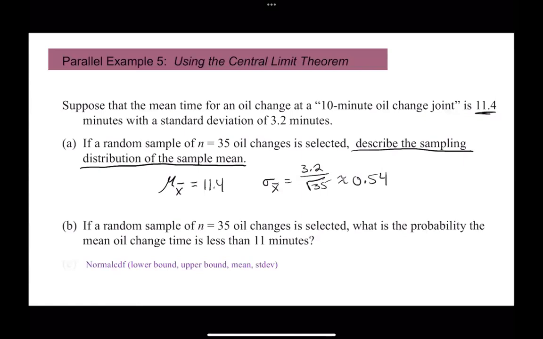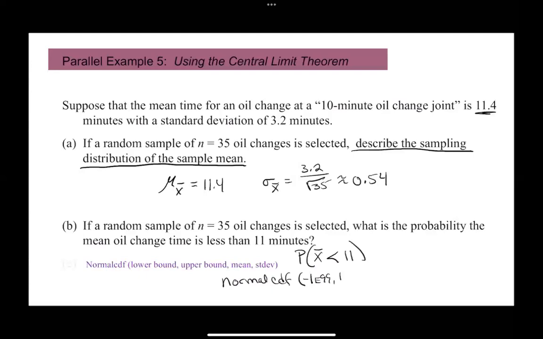So now it's asking us, if a random sample of n equals 35 oil changes is selected, what is the probability the mean oil change time is less than 11 minutes? So we're looking for the probability that our X bar is less than 11. So use your normal CDF down there. My lower bound will be negative infinity.